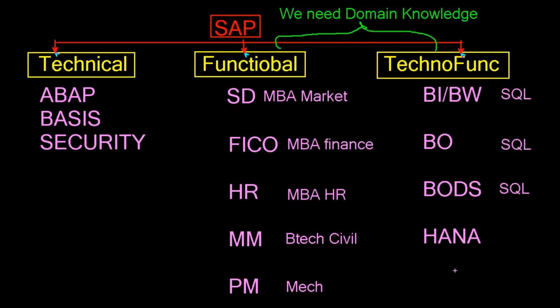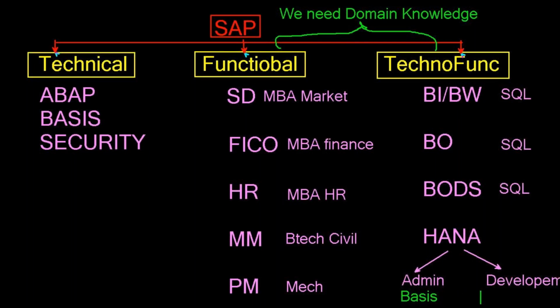And if you want to learn HANA, in HANA we have administration and development: HANA administration, HANA development. If you want to learn HANA administration, your background should be SAP basis.